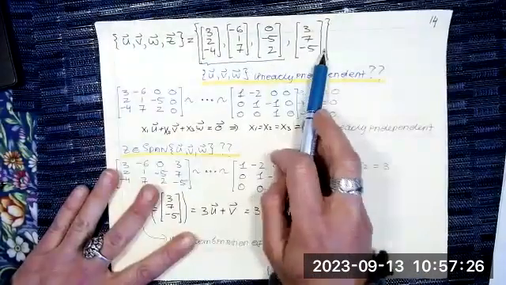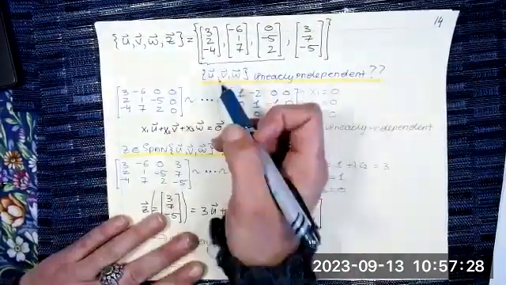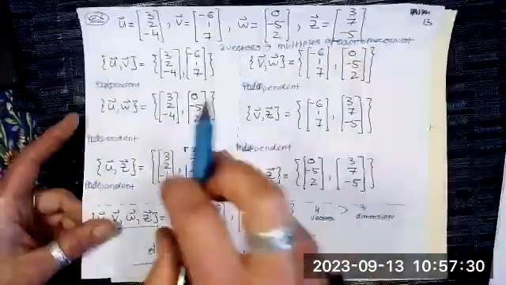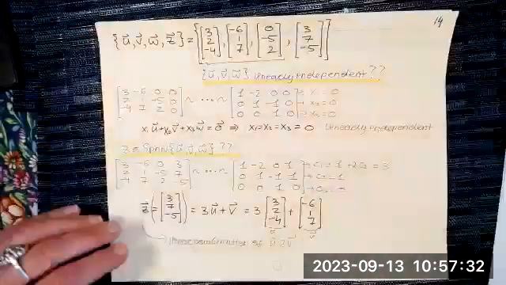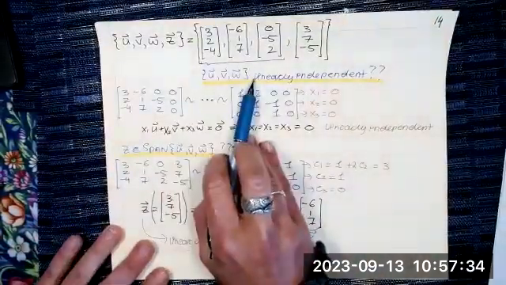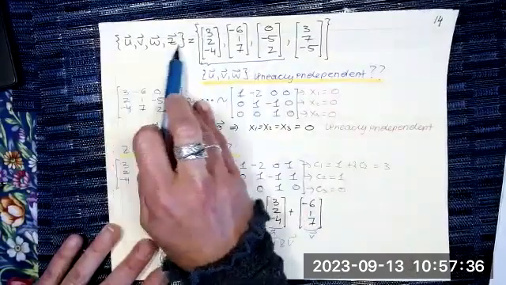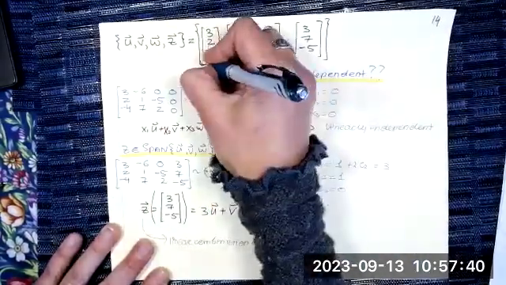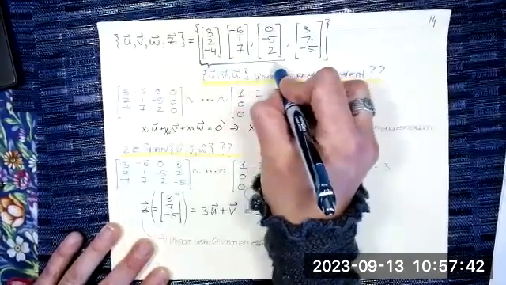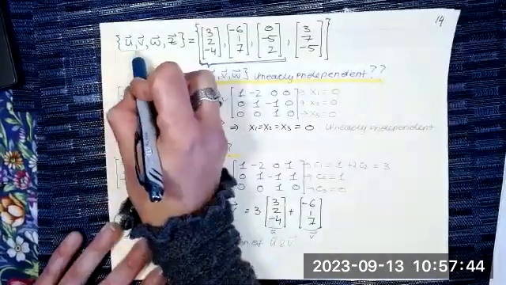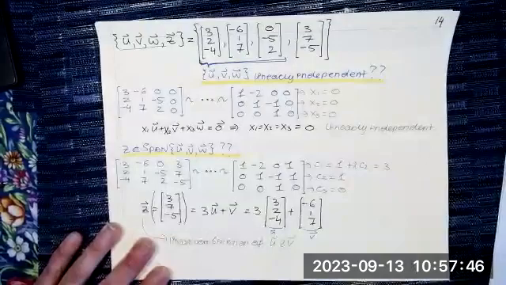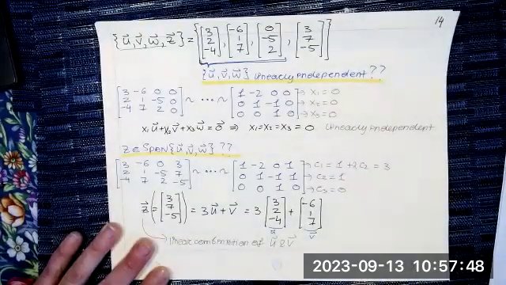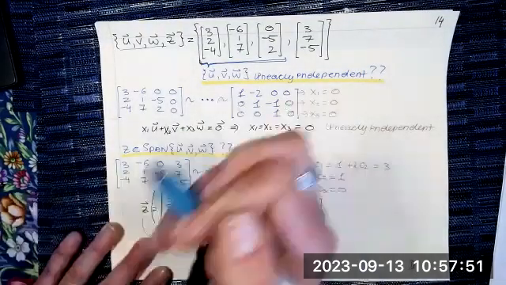Well, this is my set of 4 vectors. What if I looked at all of the pairs of different vectors? What if I start looking at the triplets of those vectors? I know the set of 4 is linearly dependent, but what if I just take the first 3? If I take U, V, and W, is this set going to be linearly independent? How do I do this?